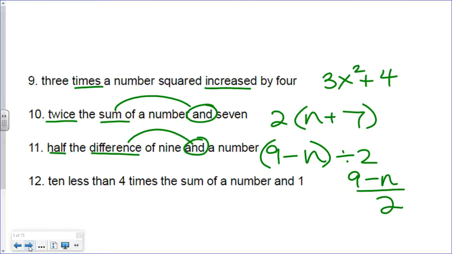Sal, you want the last one? It's a hard one. You ready? Keywords. There we go. What does less than mean to do? Flip it. So am I going to start with the 10? I'm going to end with the 10. All right. 4 times the sum of a number and 1. What do you think? Whichever one is closest.